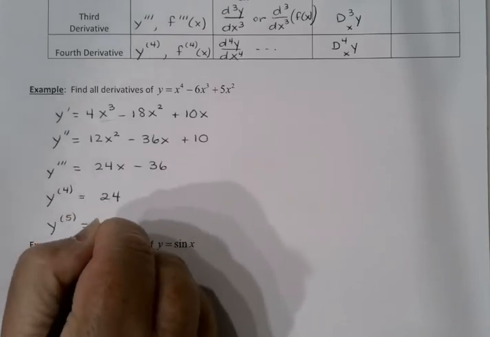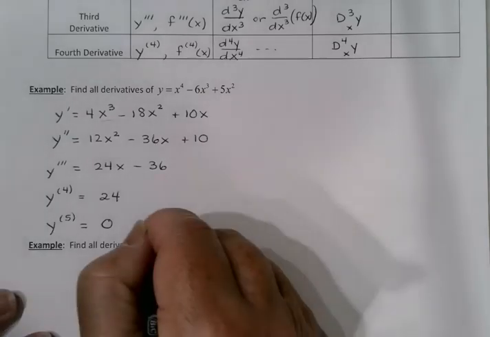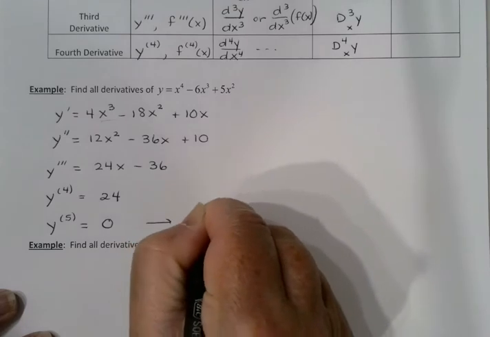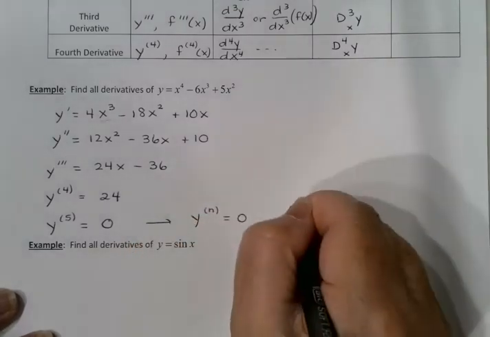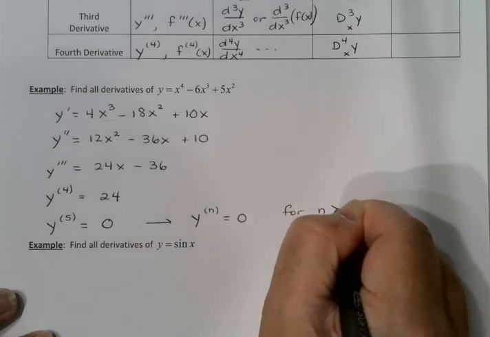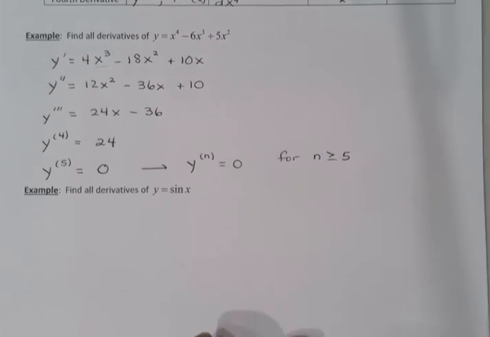The derivative of that constant is 0, and therefore all remaining derivatives will continue to be 0. So I could say the nth derivative of y is equal to 0 for all n greater than or equal to 5. So if you start with a polynomial, if you take enough derivatives, you'll eventually get 0. Now, of course, that's not true for all types of functions.